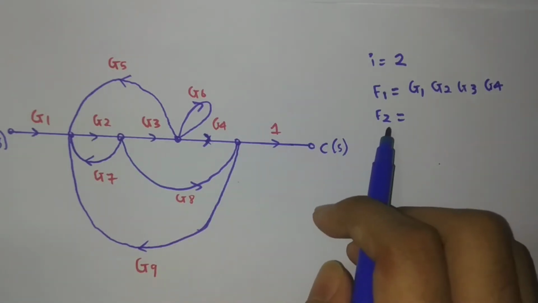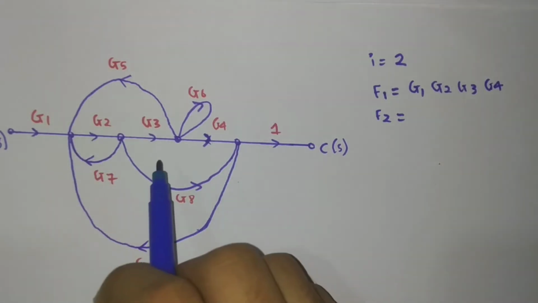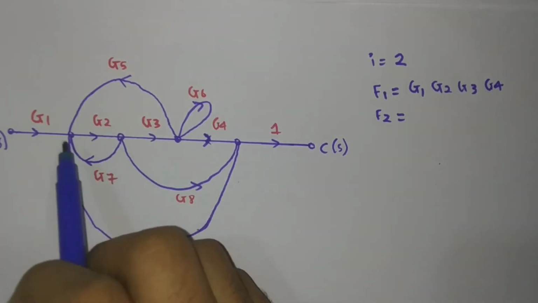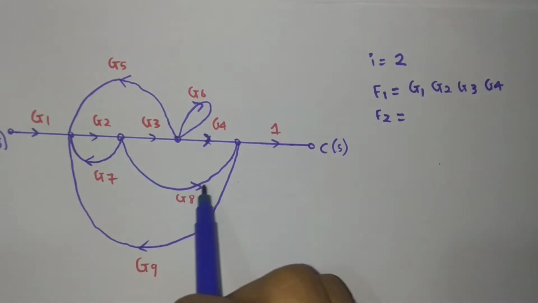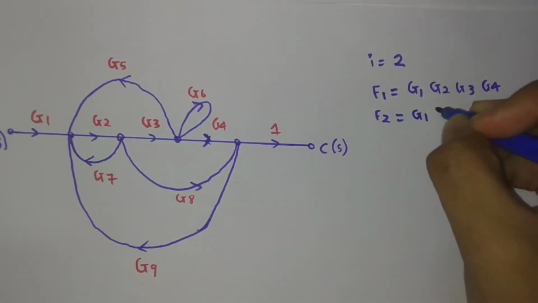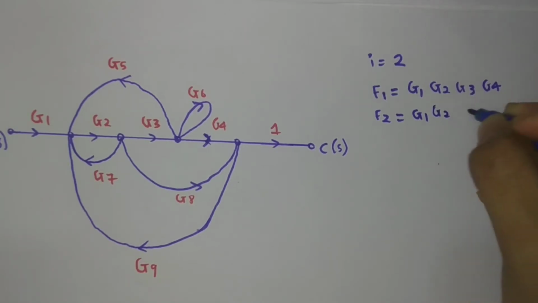Now we have to find F2, the gain of the second forward path. The gain of the second forward path will be G1, G2 and G8, so I am going to write G1 G2 G8.